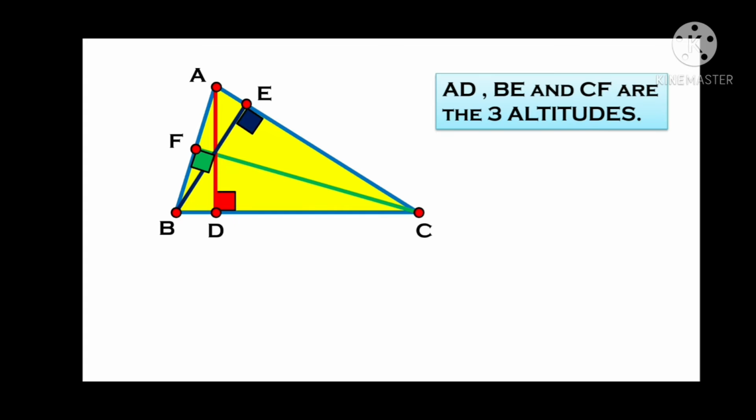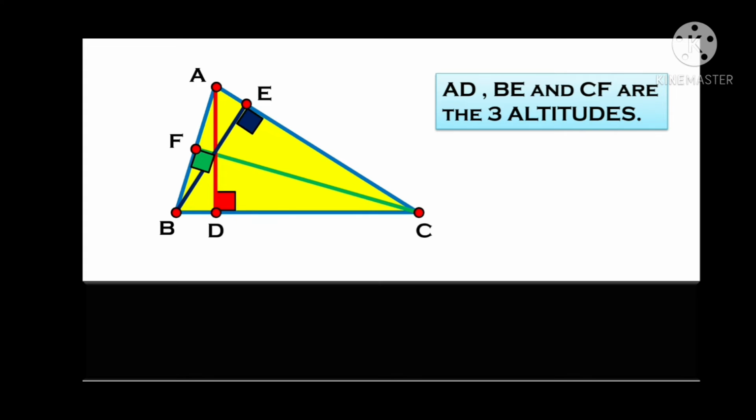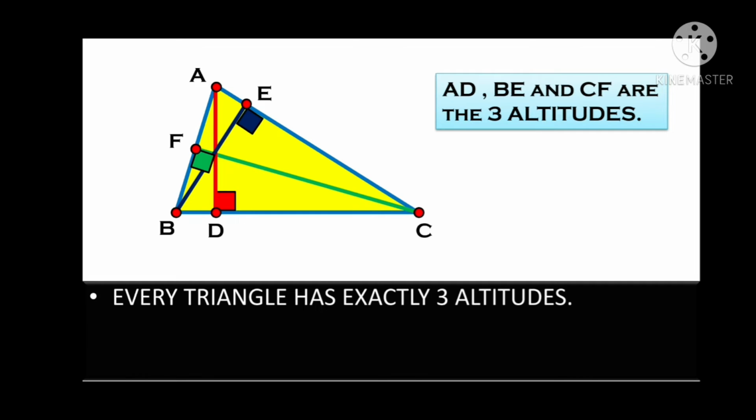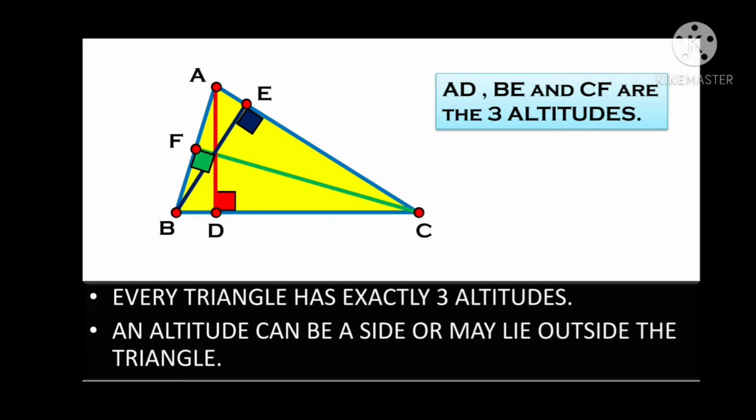So here we can see AD, BE and CF are the three altitudes, because these are the perpendiculars drawn from the vertex to their opposite sides. So every triangle will have exactly three altitudes. But unlike the medians, an altitude can be a side or may lie outside the triangle. So let's see how it is.